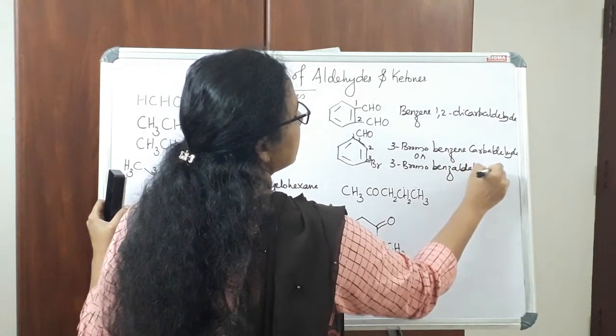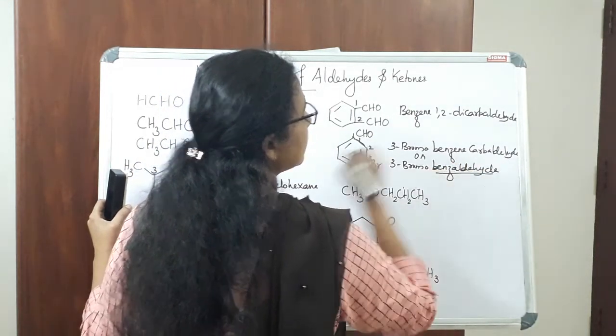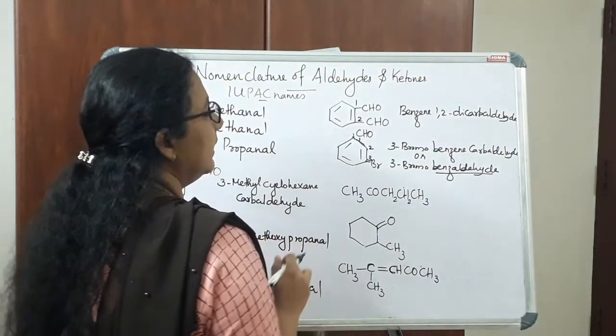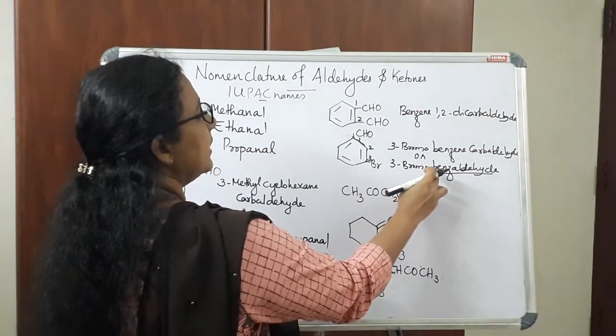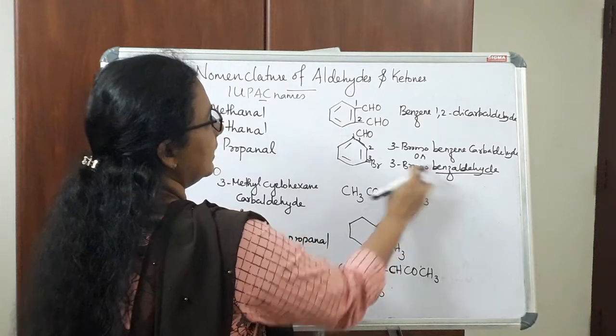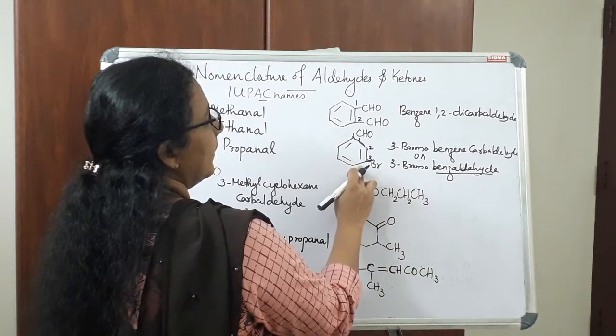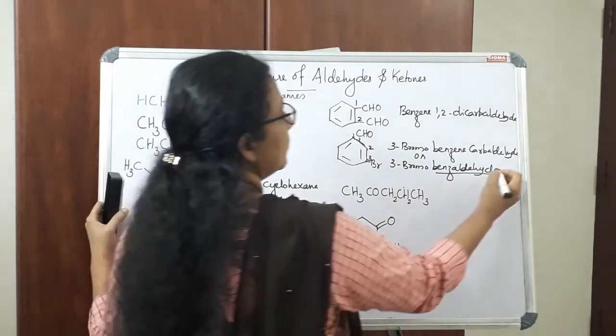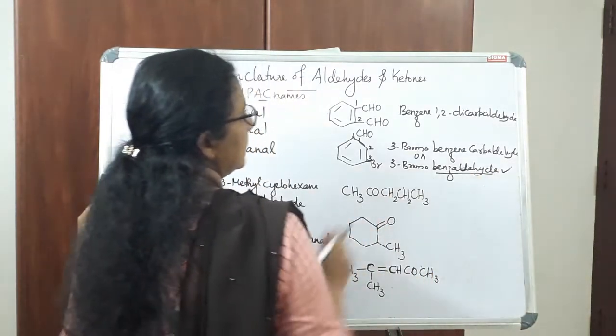If there is a CHO group on a benzene ring, we will write benzaldehyde, and we will write the IUPAC name as a derivative of benzaldehyde. So this is 3-bromo benzaldehyde, the most commonly used IUPAC name.